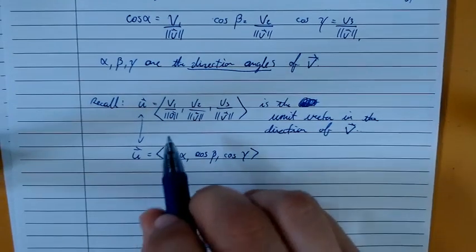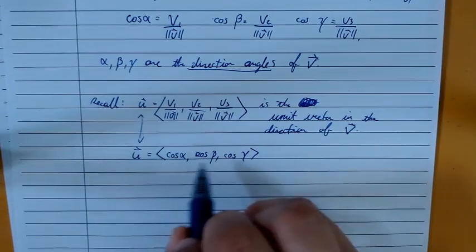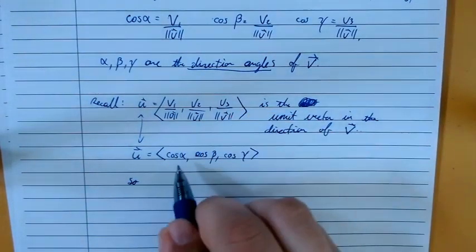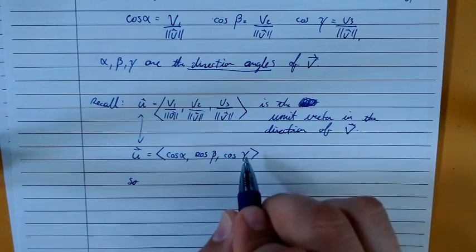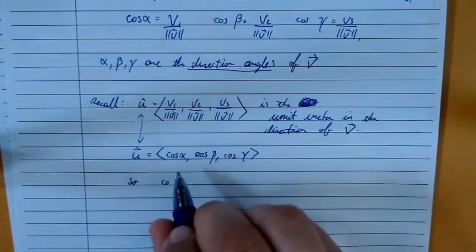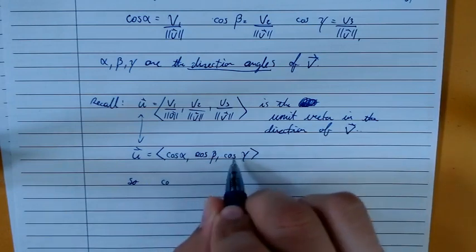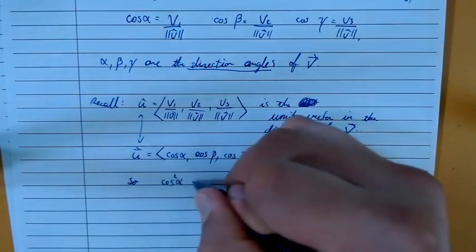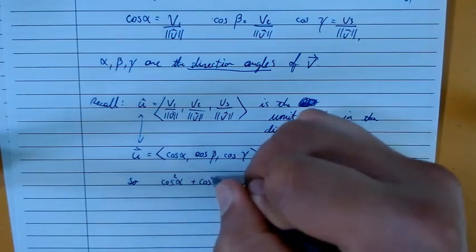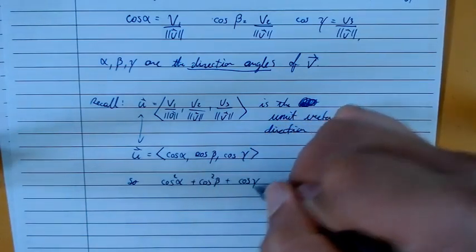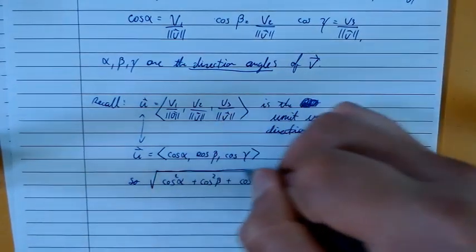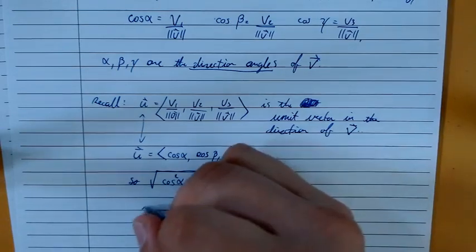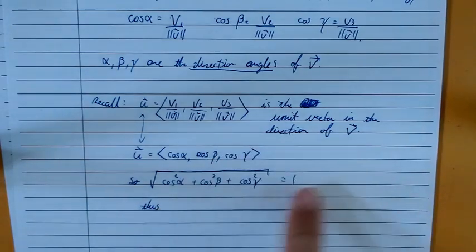It also follows that because these are the components of a unit vector, the magnitude of this vector must be 1. How do you find magnitude? You take each of the components, square it, and add them together. Cosine of alpha squared plus cosine of beta squared plus cosine of gamma squared under a square root. That's the magnitude of u. That's got to equal 1. But I can take the square of both sides.